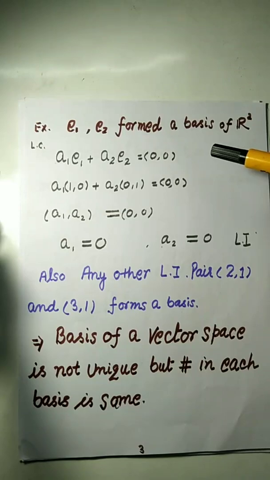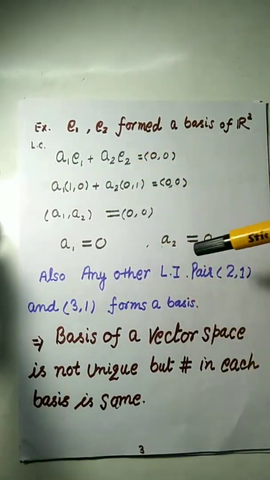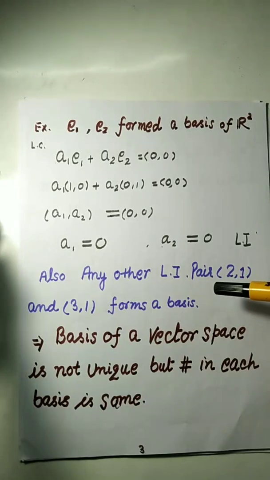For example, e1 and e2 form a basis of R2 like this way. From here we will obtain all the scalars. These are known as scalars. a1 and a2 will be 0. If all the scalars are 0, then they are linearly independent. Also, any pair of two vectors will be linearly independent if one is not a multiple of the other.